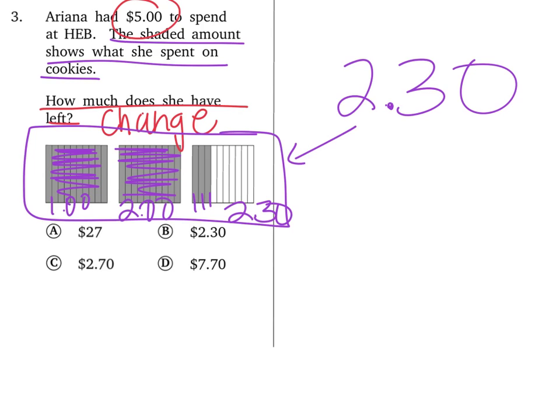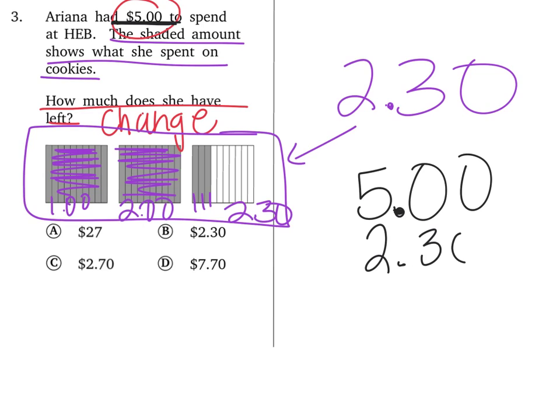Jackie? Subtract. Subtract what, baby? I'm supposed to subtract what she came into the store with, which was $5, and subtract how much she bought. How much did she spend on cookies? $2.30. Am I adding or subtracting? Subtracting. How do you know, Bailey?